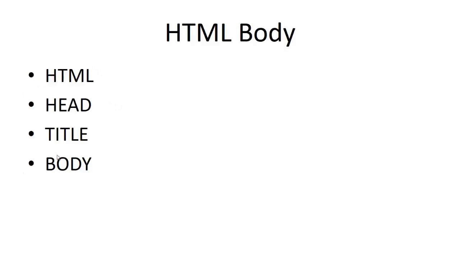This is kind of saying, okay, this is an HTML page, and then the next thing you'll see is the head. If you think about a human body, you have the head, and then right below that you could have a name tag, like the title. And then right below that, you can have a body. And then of course you have your feet and everything like that. So that's probably the easiest way to think about it.